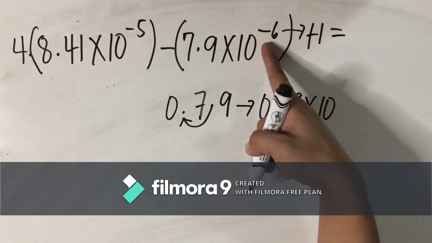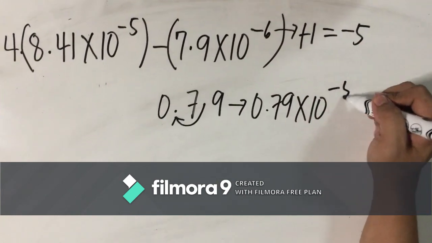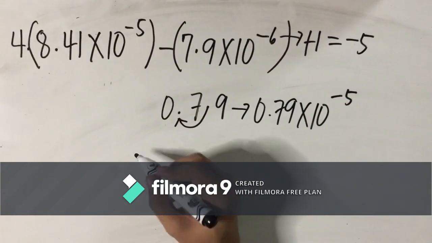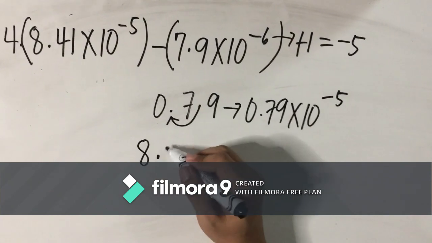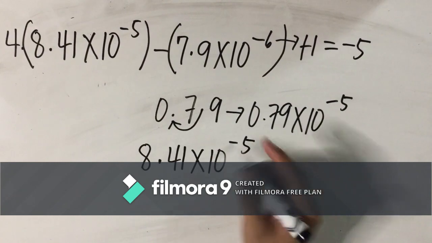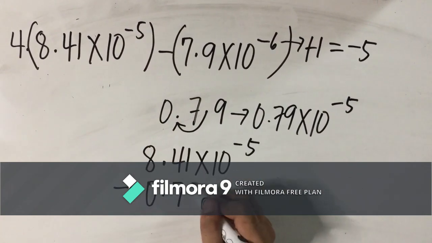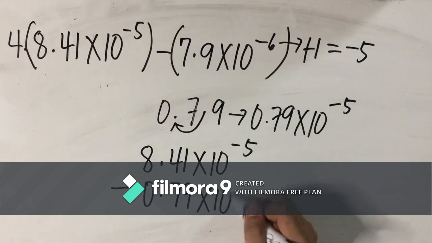Same exponent, negative 6 plus 1 is negative 5. So we have 0.79 times 10 raised to negative 5. They have the same exponent now. 8.41 times 10 raised to negative 5 minus 0.79 times 10 raised to negative 5.